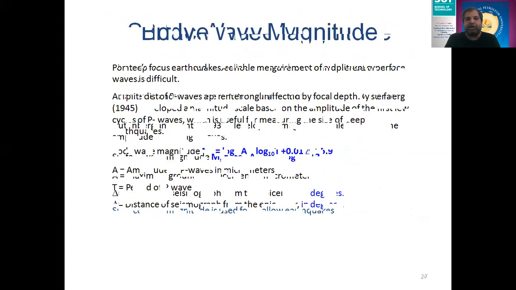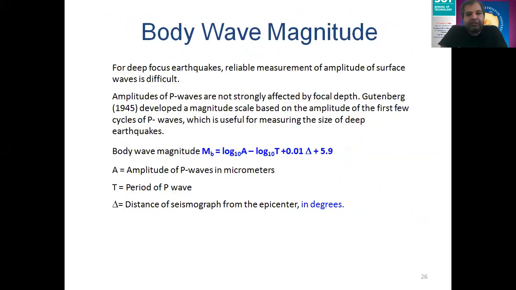So let's talk about the body wave magnitude first. For deep focus earthquakes, reliable measurement of the amplitude of surface waves is difficult. Amplitudes of P waves are not strongly affected by focal depth. Gutenberg in 1945 developed a magnitude scale based on the amplitude of the first few cycles of the P wave, which is useful for measuring the size of deep earthquakes.